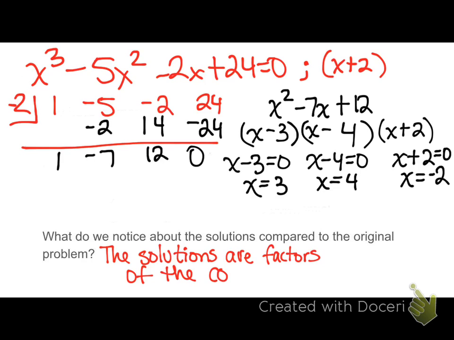Good job using those math words. Okay, the solutions are factors of the constant. That is a lot of what today's lesson is based on. The constant was 24. The constant is the number that does not have a variable with it.